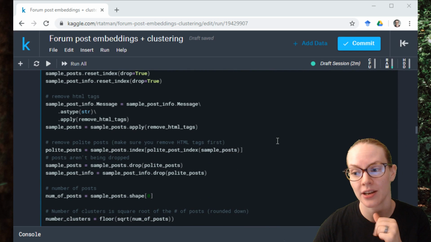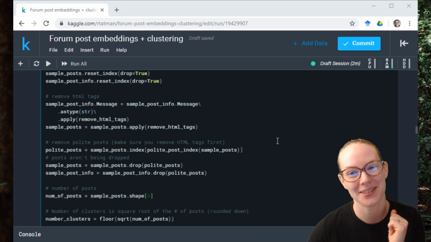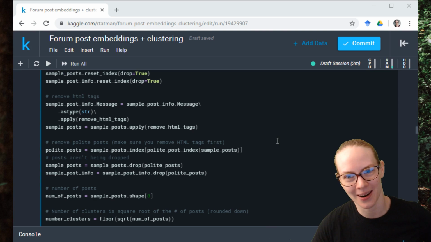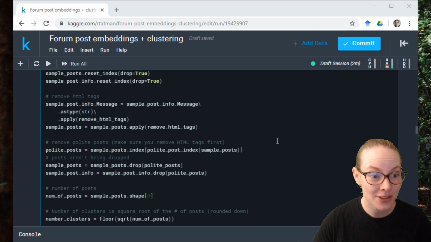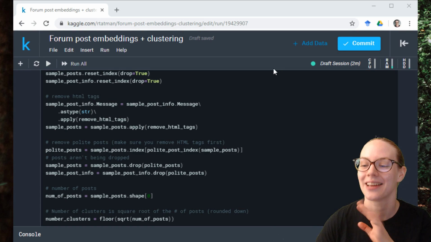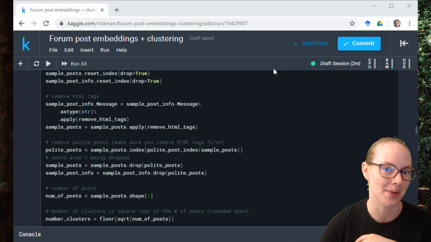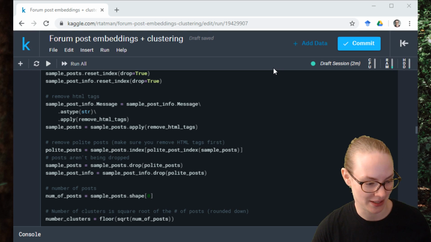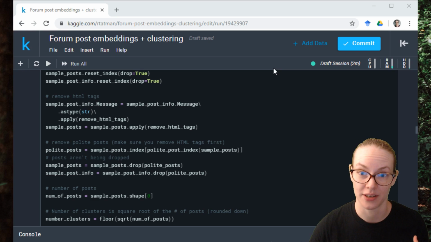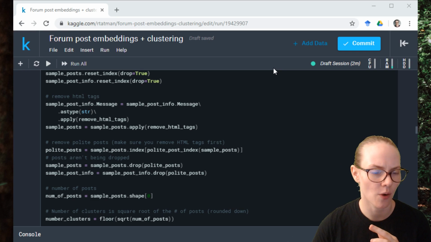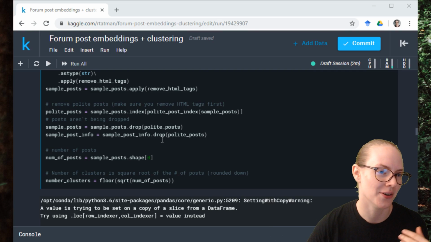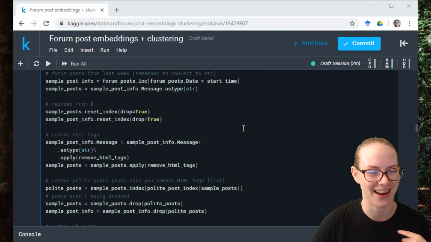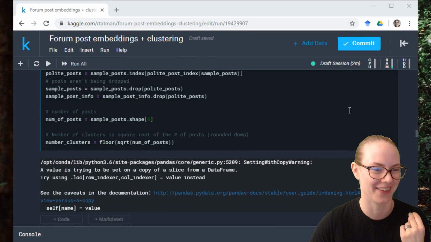We're removing posts that are just people saying thanks, or nice work, or good work, or nice kernel, because there's a lot of those on Kaggle, which is fantastic. Happy to see. I would be upset if those suddenly disappeared, but for the purposes of passing things on to the engineering team, not quite as helpful. So we're removing those, and we do need to remove those after we remove the HTML tags, as we found out last week in a very frustrating hour-long stream of bug hunting.